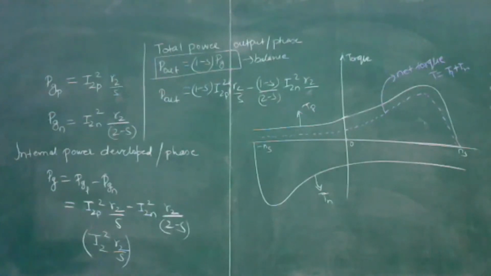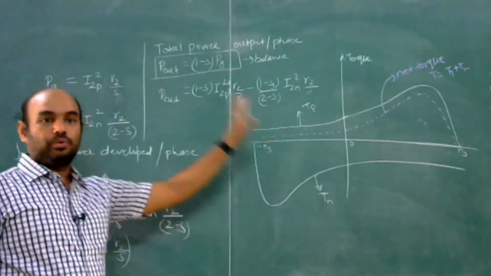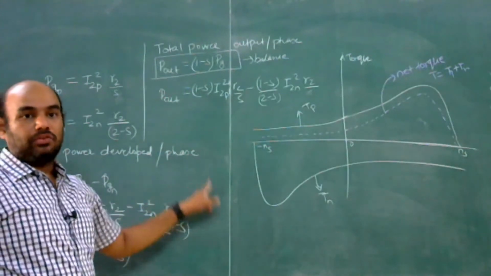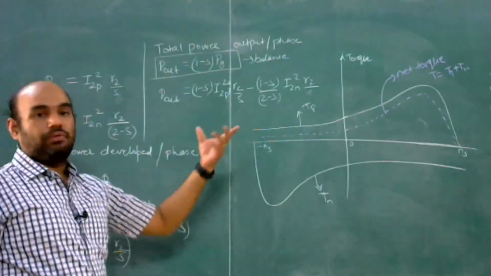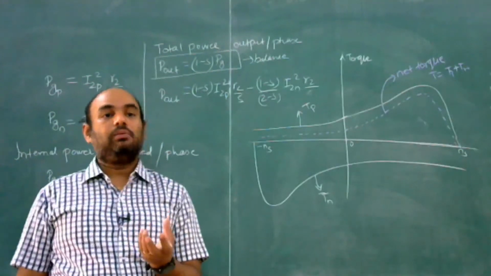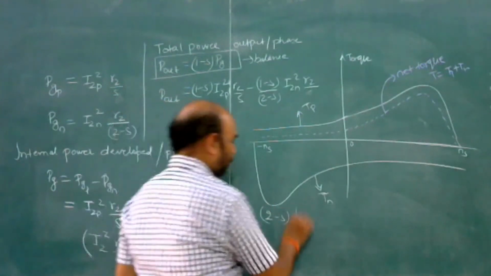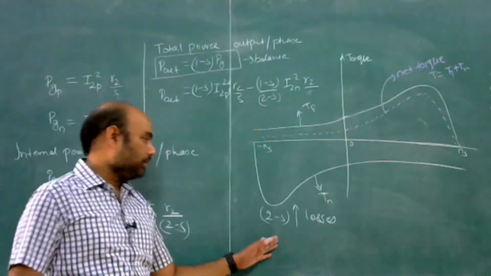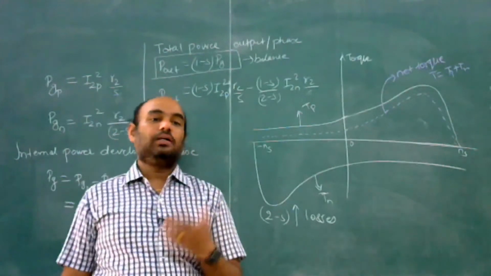So you can see due to this unbalanced supply, negative sequence component of torque and power will be there, which will reduce the overall torque and power. Moreover, there will be losses due to this component 2 minus S. So losses will increase, therefore efficiency will reduce, and it will lead to overheating of the conductors.